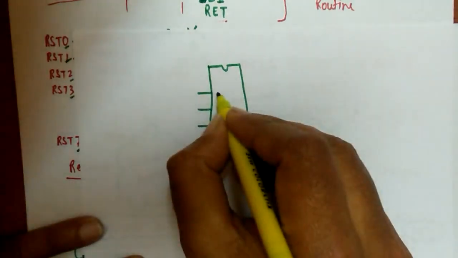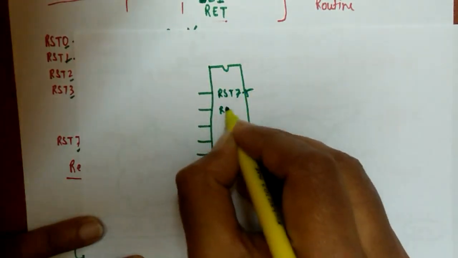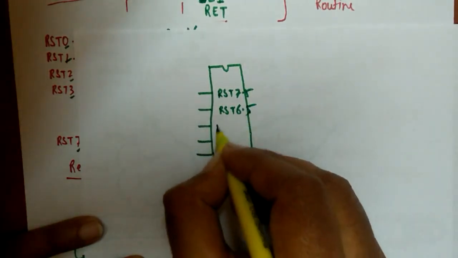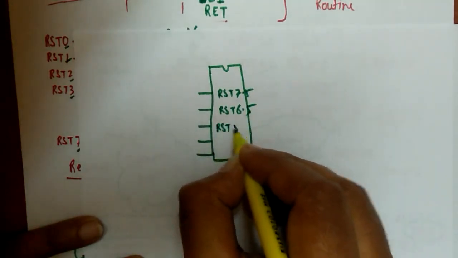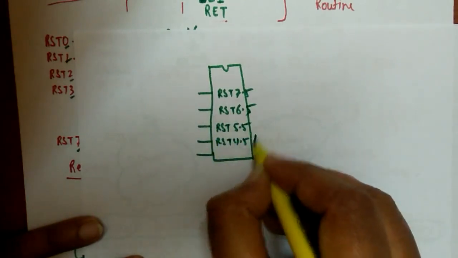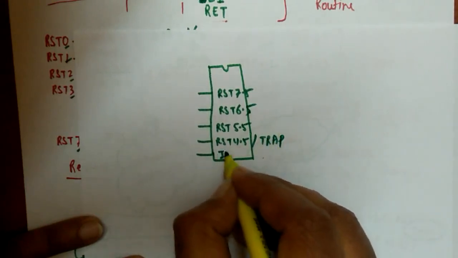This is RST 7.5, RST 6.5, RST 5.5, RST 4.5, or this is TRAP, and this is INTR.